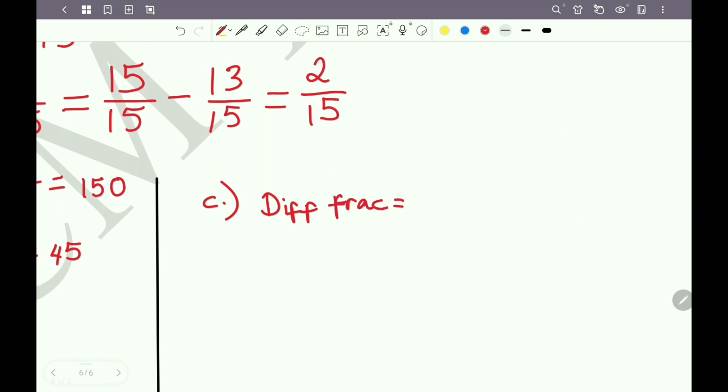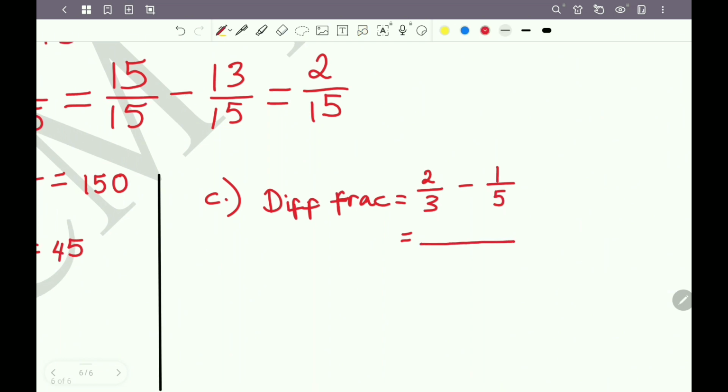So that means I'm going to take the fraction of red marbles and I'm going to take that away from the fraction of blue marbles. So that is now 2/3, which is the fraction of blue marbles, minus 1/5, which is the fraction of red marbles. Now 2/3 minus 1/5, we need to find a common denominator again.